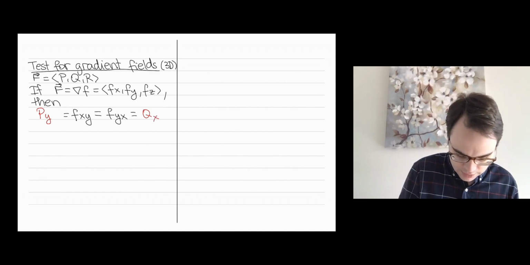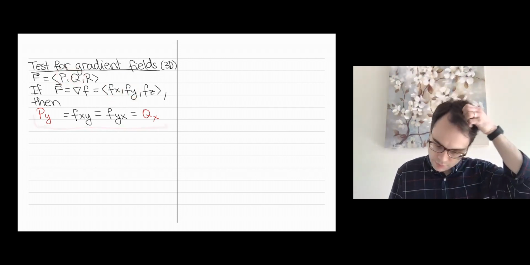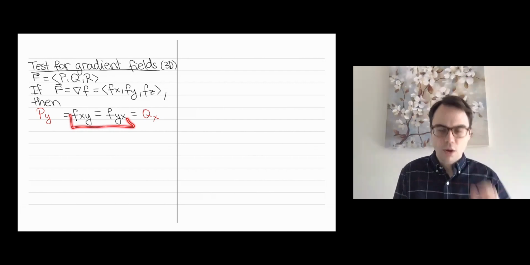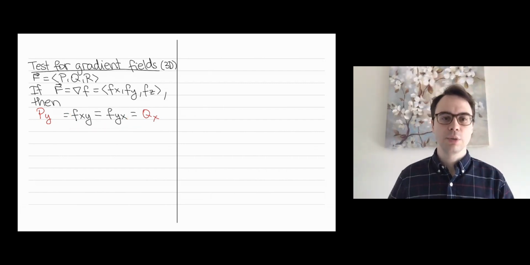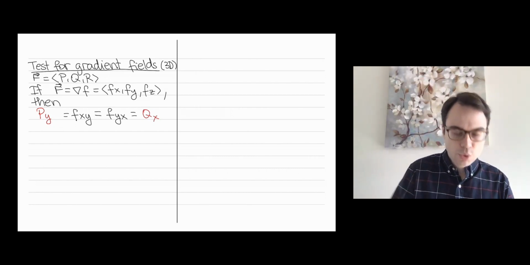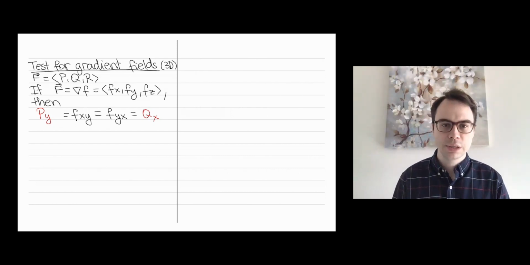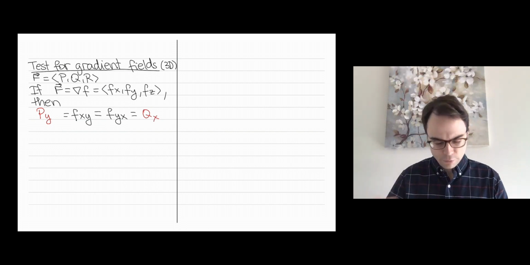Right, I'm saying that f sub x is p, f sub y is q. And then the first equality between mixed partials tells me that p sub y is equal to q sub x. But in 3D, there are 2 other equalities between mixed partials. So the fact that you can take partials in any order gives me more information in 3D.